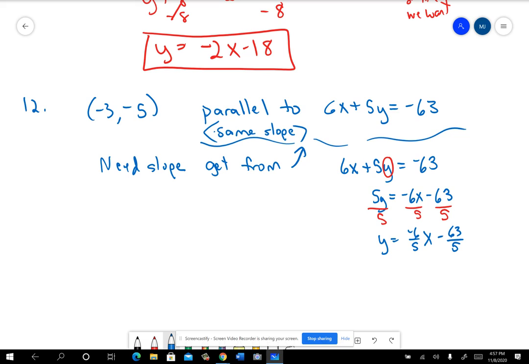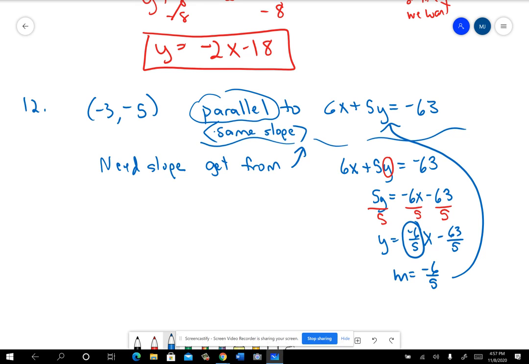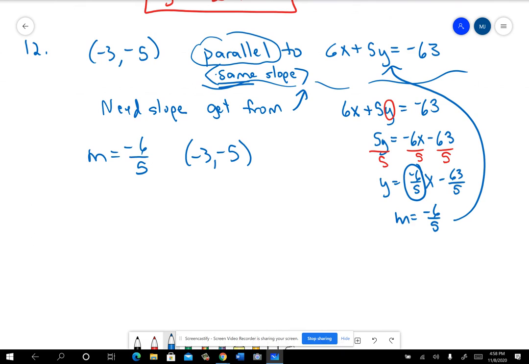Okay. All that work so that I can figure out the slope I need to use. So the slope of this line was -6/5. Your thought process should be my line is parallel, so it's the same. So now you take the fact you know your line has a slope of -6/5, but your line has to pass through the point -3, -5. So you're done with all this information.